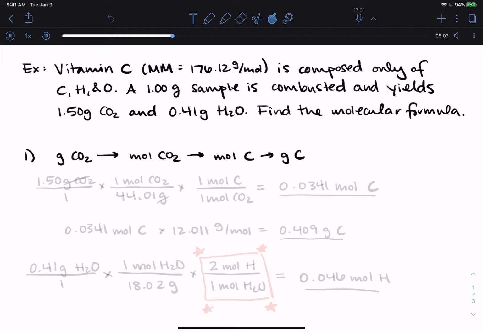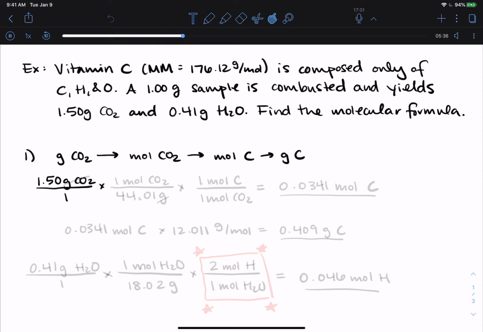I'm going to split up this calculation in a specific way that I recommend, but you are welcome to do it whichever way you'd like, as long as it's a valid method and you show all of your work. So one of the pieces of information that we're given is that our reaction produced 1.50 grams of carbon dioxide. And this was in an earlier video, so I won't explicitly calculate it here.